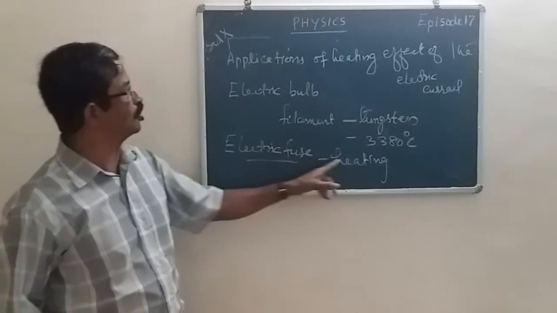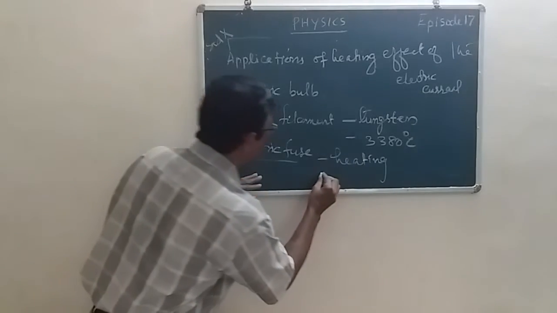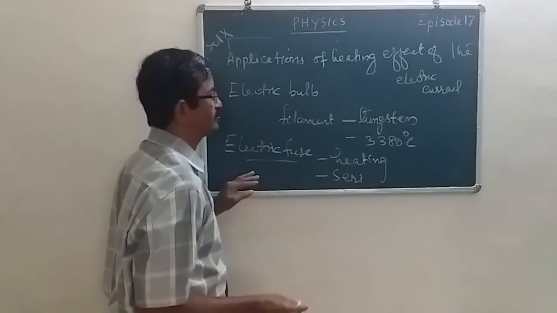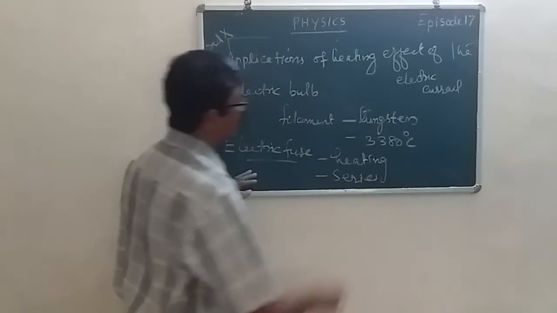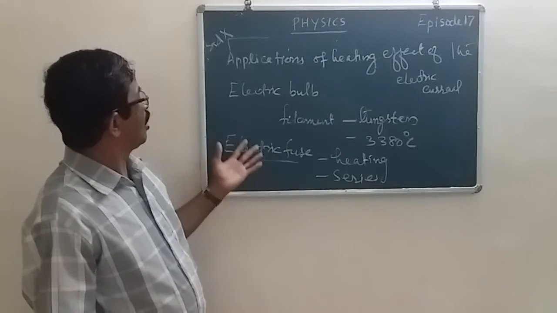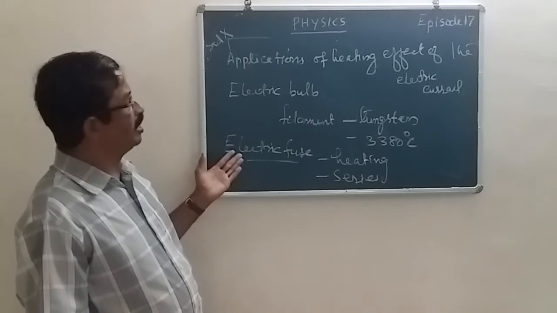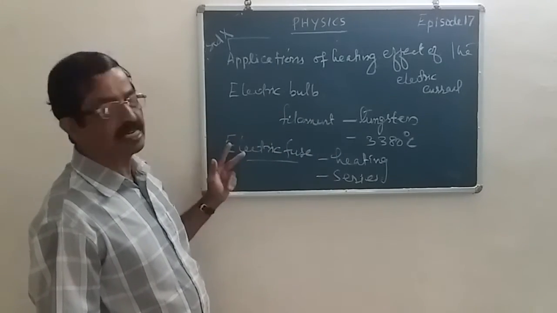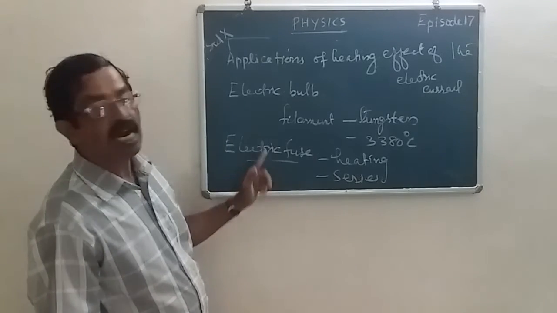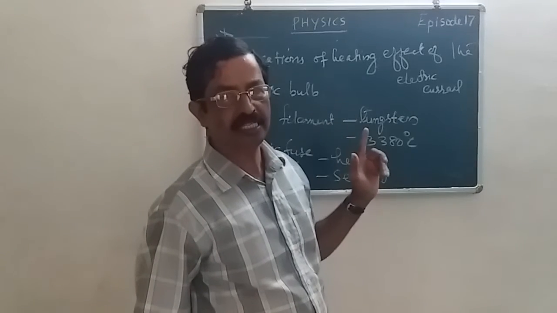How is the electric fuse connected in a circuit? It is connected in series in the circuit. Its purpose is to protect the electric circuit from the flow of overcurrent. How does the fuse protect the circuit?